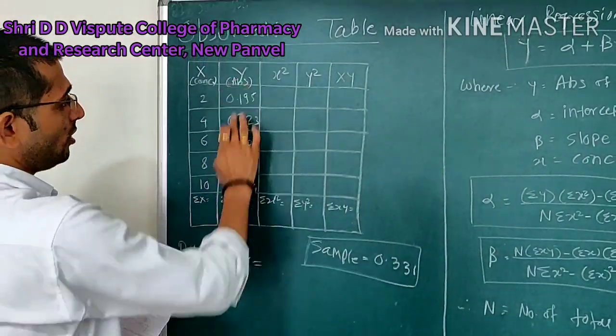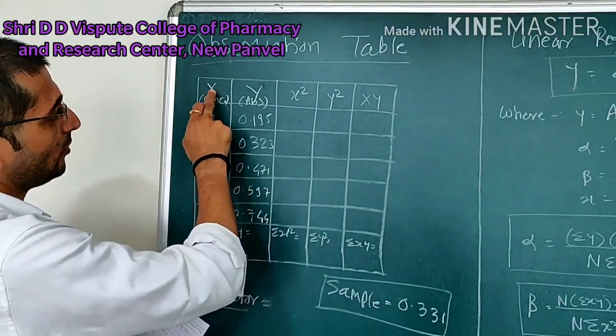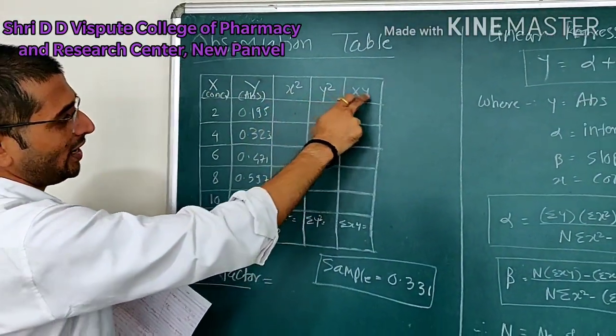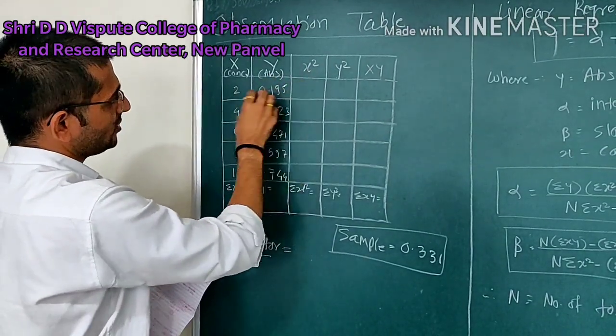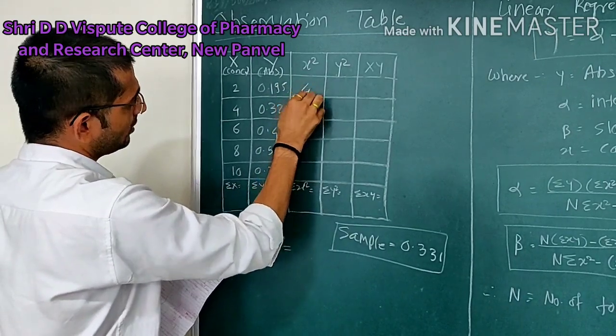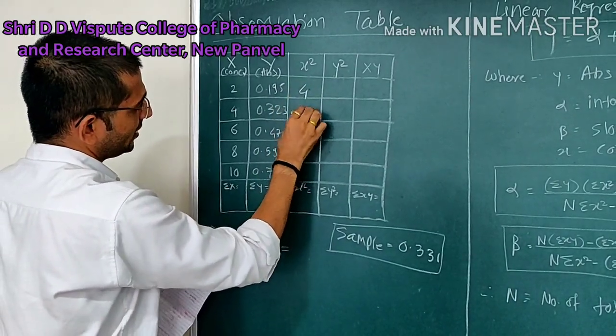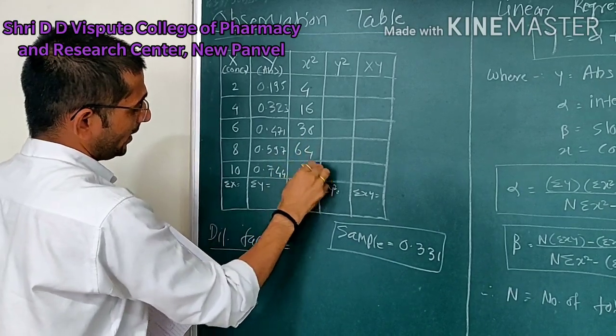Okay. So as per the linear regression analysis, we require x square, y square and xy. First x square. What is the value of x square? 2 into 2, or 2 square, is 4. Then 16, 36, 64, 100.